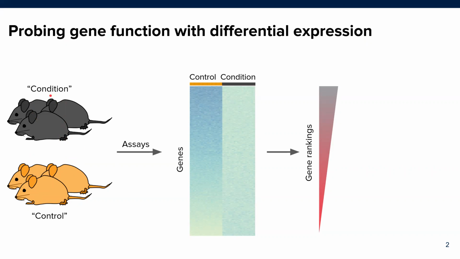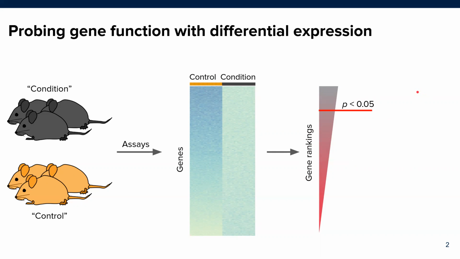This condition group may be a disease group, a treatment group for some drug, et cetera. With this data, a statistical test is performed to examine which genes change in expression level across the comparison. This results in a ranking of genes by statistical significance that have a suspected involvement in this change in phenotype.